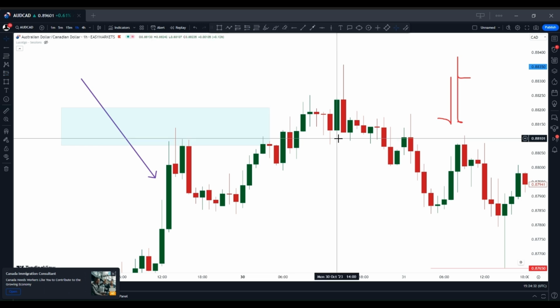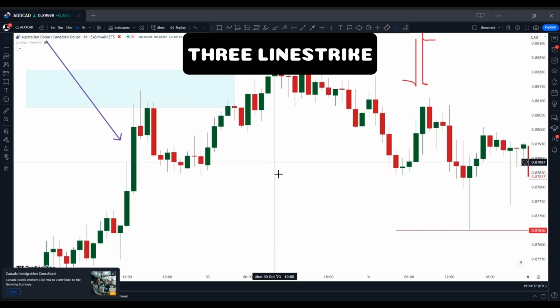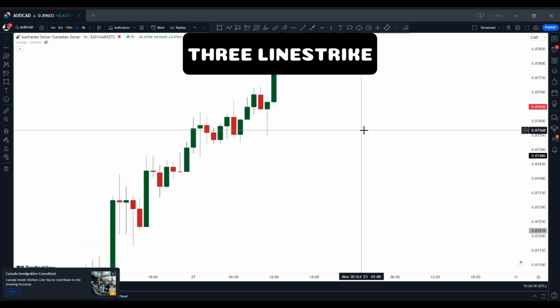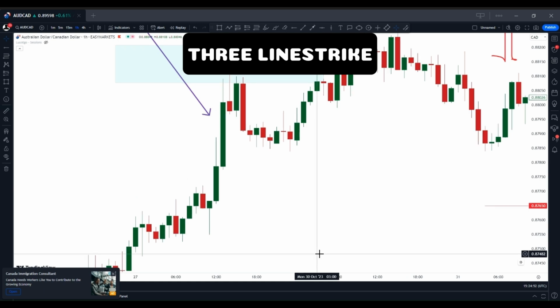The next candlestick pattern is the three-line strike. What this essentially means is three candlesticks in one direction and one big candle in the opposite direction that has overshadowed or almost overshadowed the previous three candlesticks. Let me explain.